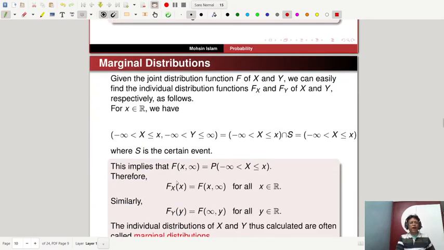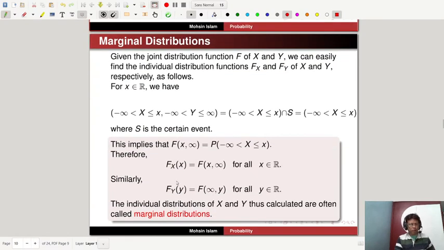Next, we'll define a very important definition, that is marginal distributions. That is the separate, individual distribution functions Fx and Fy.